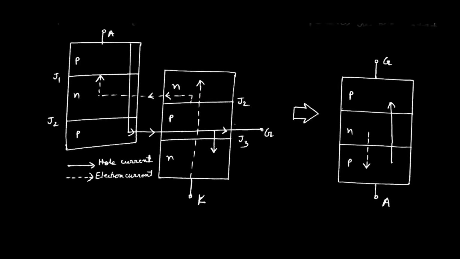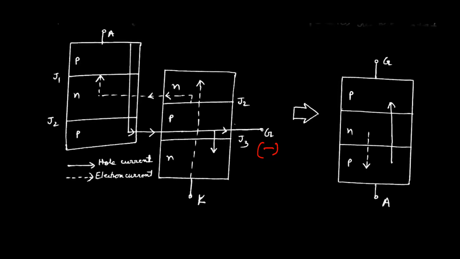To turn off the GTO, the gate terminal voltage is made negative with respect to the cathode terminal. That means the gate is more negative with respect to the cathode, so the gate-cathode terminal is negative biased. Actually, the holes injected from the anode are taken out from the P base through the gate metallization into the gate terminal.